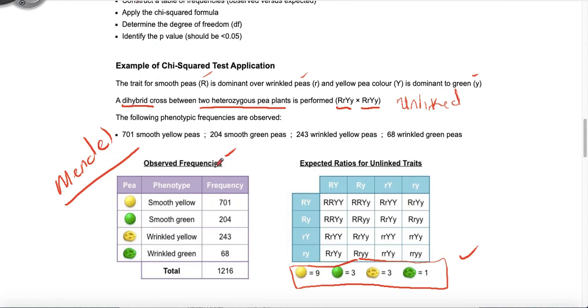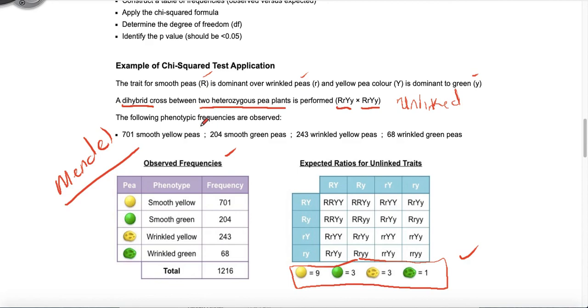So when Mendel conducted these experiments, and remember that he conducted them in his pea plants, something to note here, which we're going to look at later, is that the pea plants that he used are just one variety of pea plants. There are different varieties of pea plants that contain different genes.